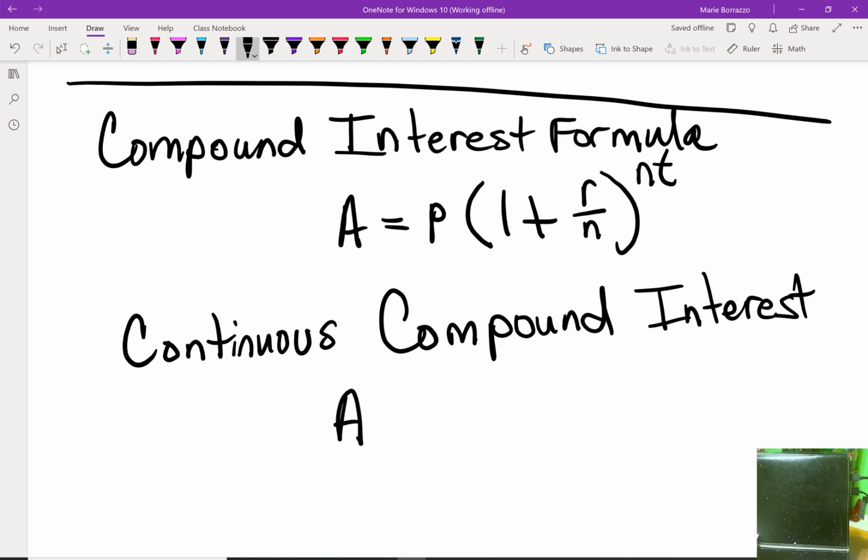That is the one that I always jokingly refer to as PERT, where P times natural base e is raised to the rate times time. Remember, the rate is always in decimal form and time is always in years.